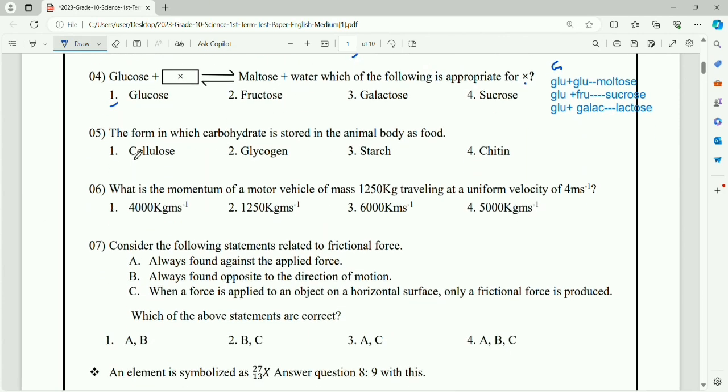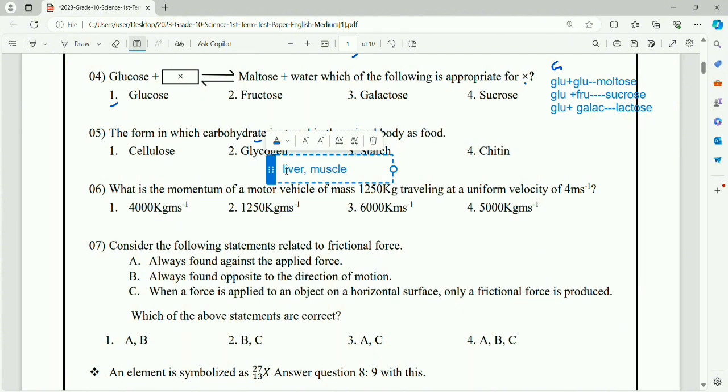The form in which carbohydrate is stored in the animal body. Carbohydrate can be stored in the animal body as glycogen in the liver and skeletal muscles.